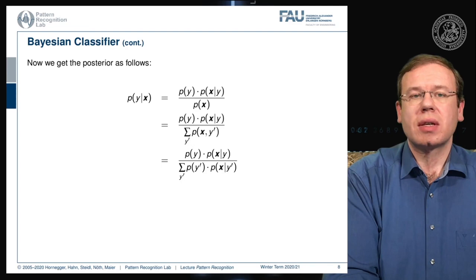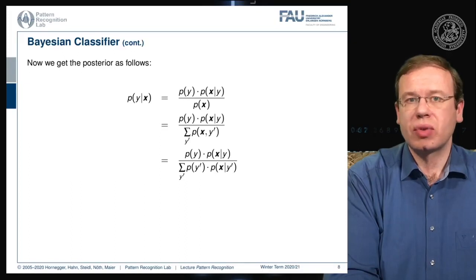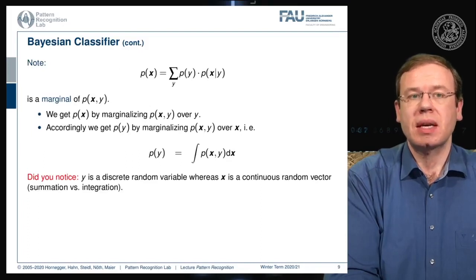So this is called marginalization. And the nice thing here is that our Y is always discrete, so we have a discrete number of classes, which allows us to express this as a sum. So this is actually the marginal of the joint probability density function, and we can essentially get that by marginalizing over our classes Y.